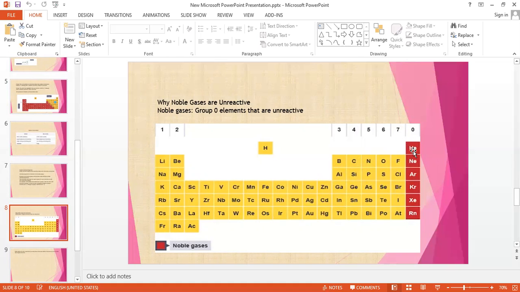These group elements in the periodic table are unreactive. They don't make any compound and they do not participate in chemical reactions. These elements, group 0 or group 8, are known as the noble gases.